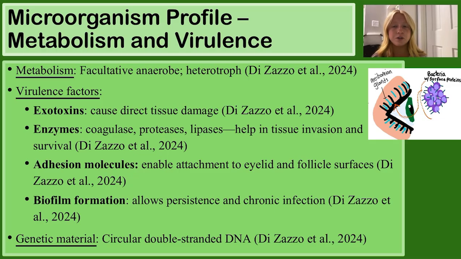Its adhesion molecules allow it to stick tightly to the eyelid surface, and biofilm formation is also a key factor because it protects the bacteria from the immune system and treatment. The bacterium's genetic material is a circular double-stranded DNA, which encodes all these virulence factors and allows for potential gene transfer that can increase its adaptability.